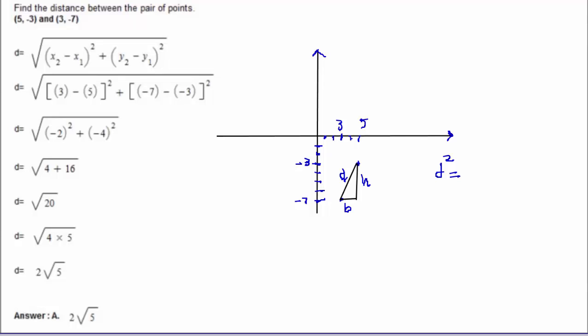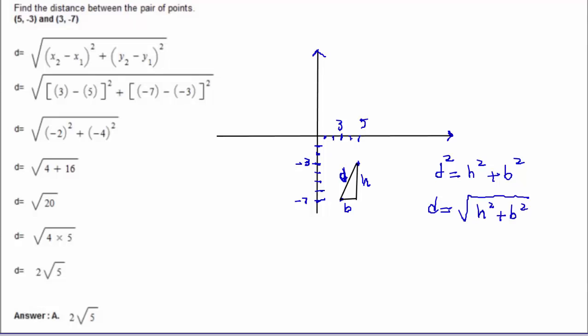So the distance here squared is equal to h squared plus b squared. This is the Pythagorean theorem. Everybody remember the Pythagorean theorem in the right triangle? So the distance must be the square root of h squared plus b squared.